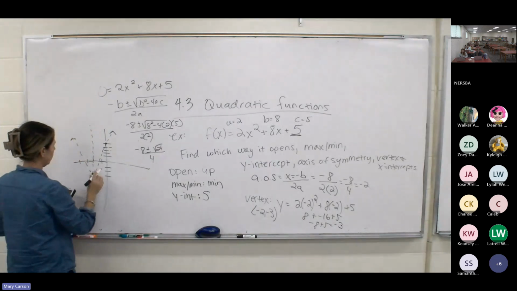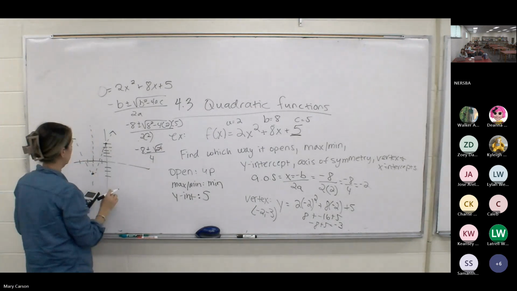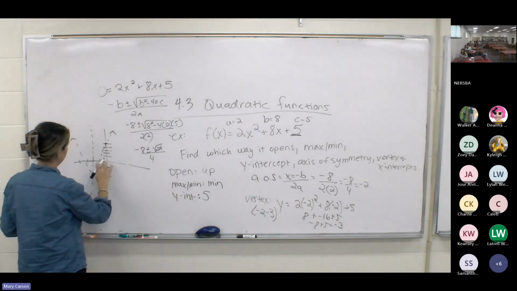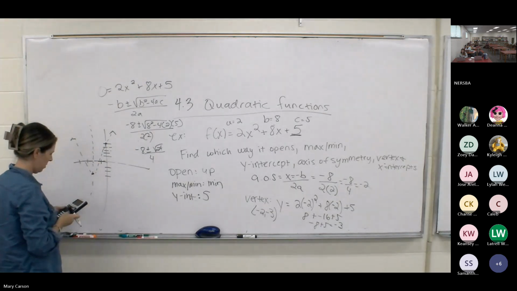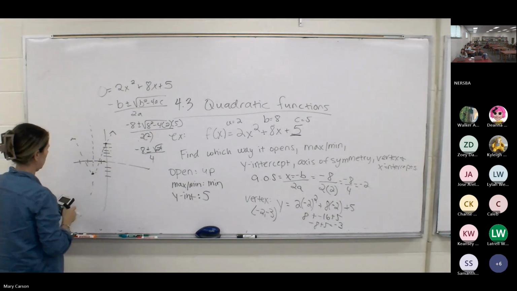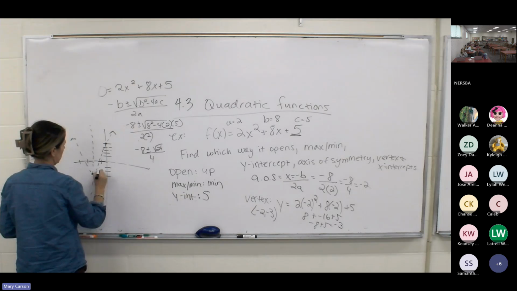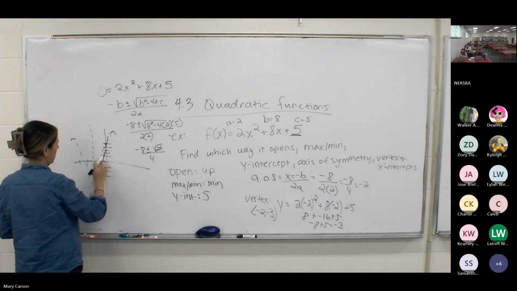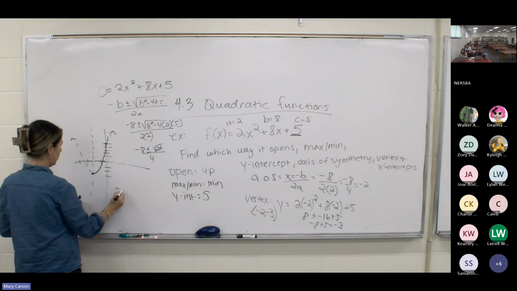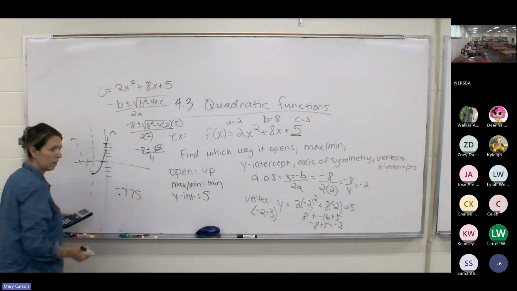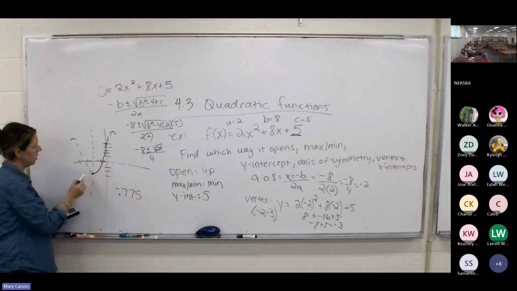So one answer crosses here instead of there. All right, so it should be -0.775 is one answer. So it really should be crossing here.